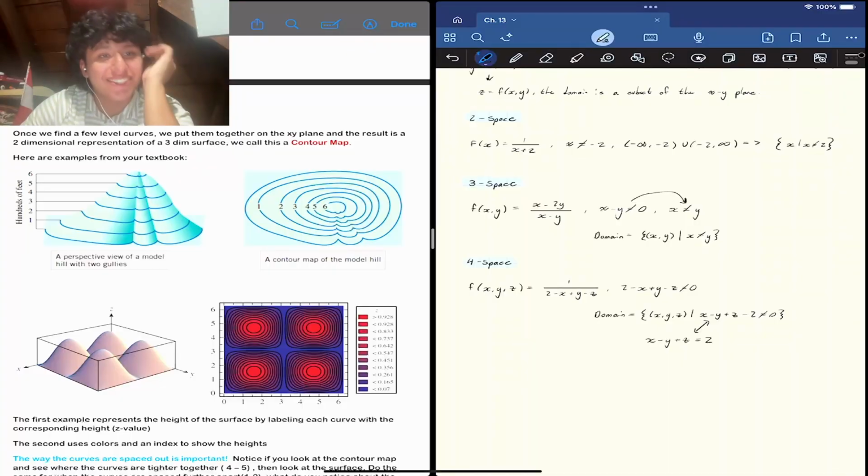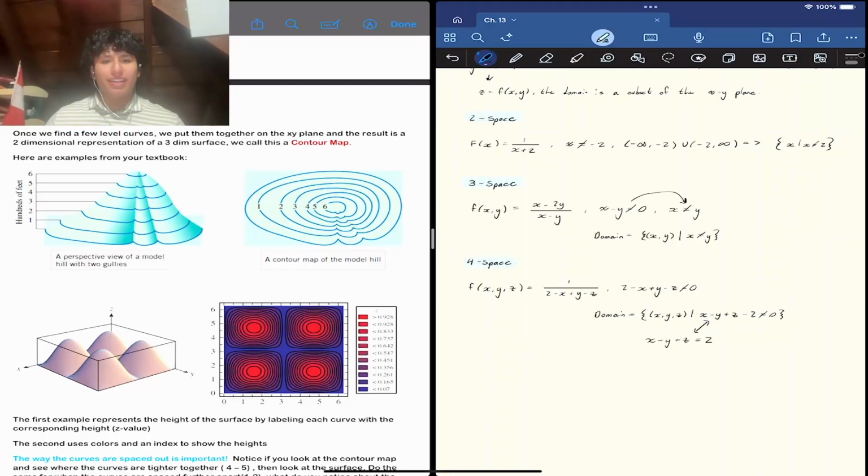I was trying to hate on it, but that's actually really cool. So using these level curves, using different heights, we can map out a 3-dimensional surface on a 2-dimensional representation.